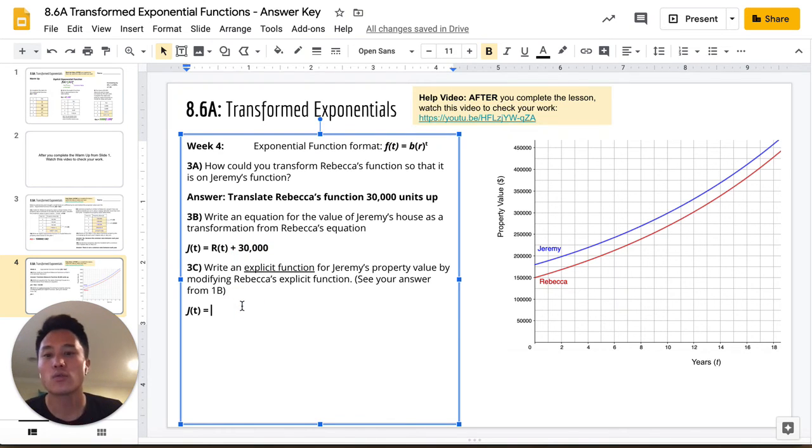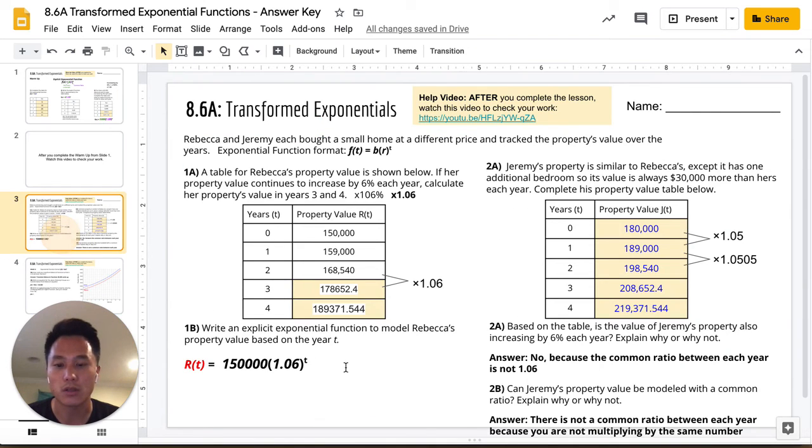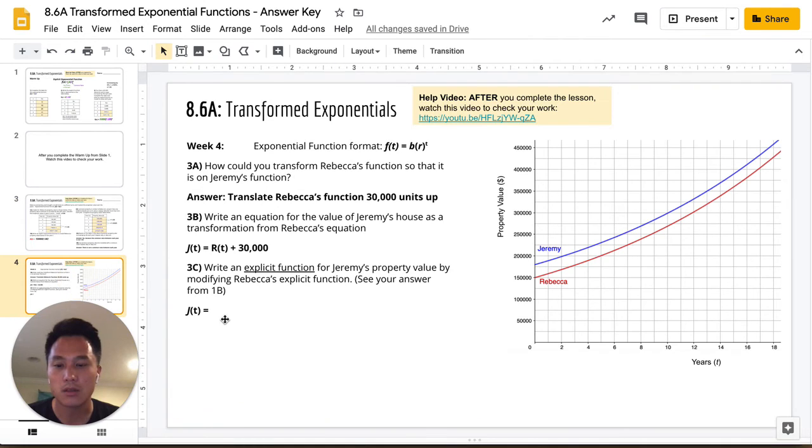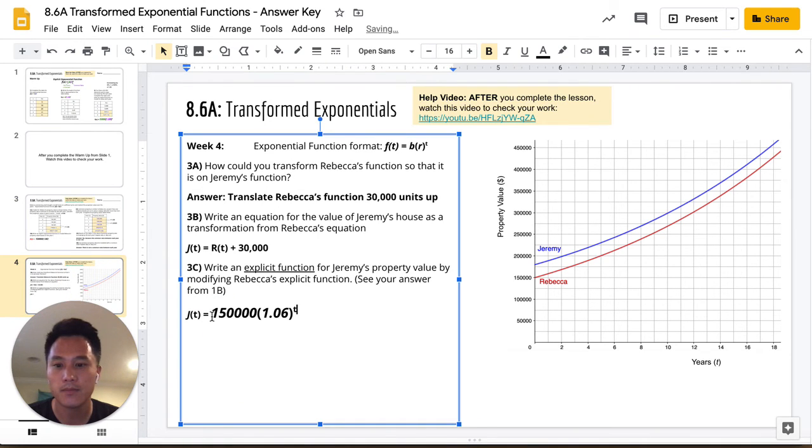Last question, to write an explicit function for Jeremy's property. And we're going to modify Rebecca's explicit function to do that. So let's go back one slide to Rebecca's explicit function. We did that here. So I'm going to take this function and I'm going to start with that. So I now have Jeremy's property value is equal to the same function as Rebecca's, except we know from our information here that it's Rebecca's, but plus 30,000.